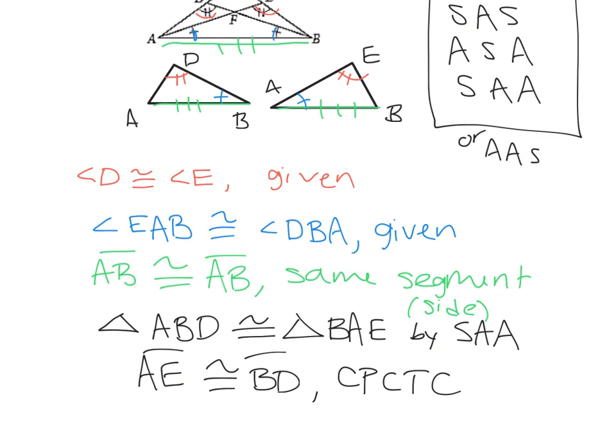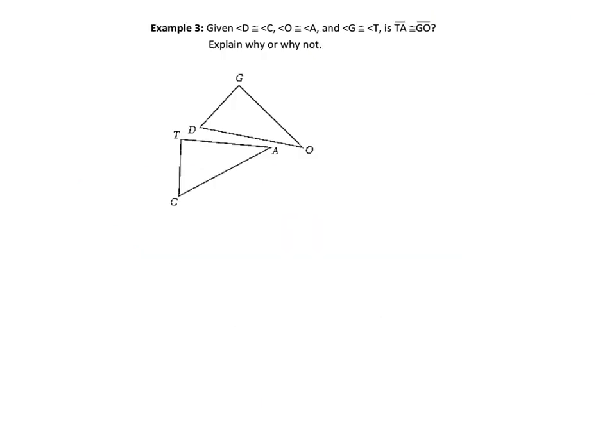So if the triangles are congruent, which here we have shown by side, angle, angle, then all of the sides that match up, so AE congruent to BD, must also be congruent because of CPCTC.